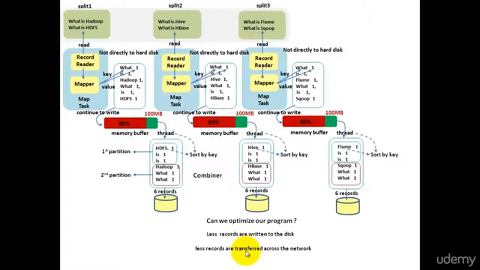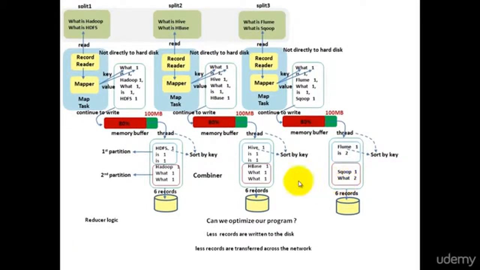So what can we do in our word count example? In the word count example, we can add all the values of the same key emitted by the map task. That is, instead of writing numerical 1 for each word, we can write the actual count of the word from each map task.